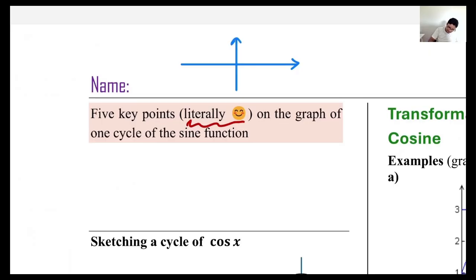So the graph of sine x, we saw the fundamental period was this, right? And the markers are 0 here, pi over 2 here, pi, that's 3 pi over 2, and over here 2 pi. What are the 5 key points?